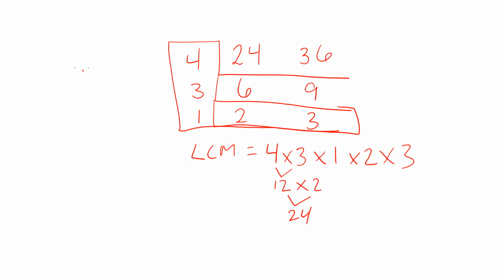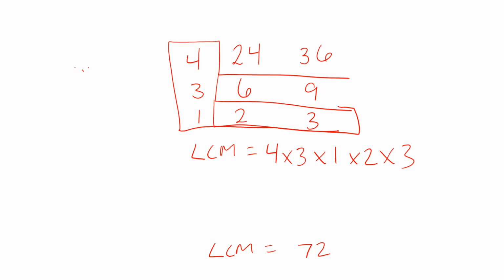And the last one, times 3, 24 times 3, I'll do it over here. 4 times 3 is 12, and 2 times 3 is 6, plus 1 is 7. That is 72. So the LCM is equal to 72. Let me erase some of this so there's not all this stuff going on here. So when I multiply 4 times 3 times 1 times 2 times 3, that's 72.